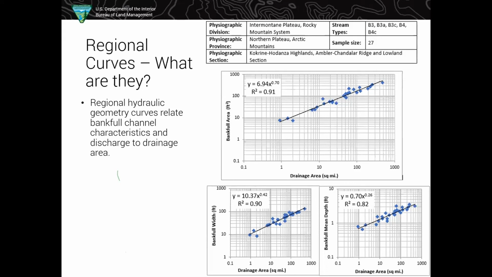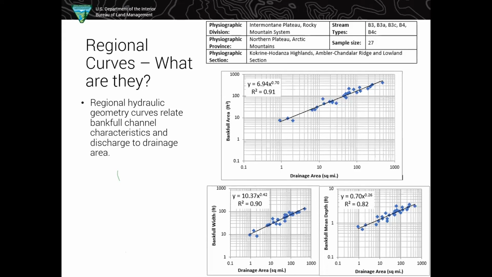The R² value shows the correlation between the drainage area and those bankful measurements. And in this example, we see that across these 3 curves, we have an R² value of 0.82 to 0.91, which indicates a pretty high correlation between the drainage area and these bankful measures.